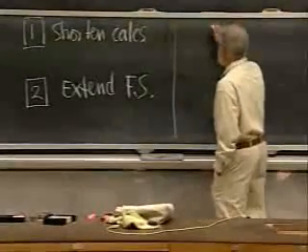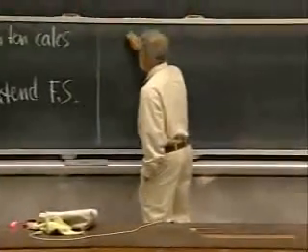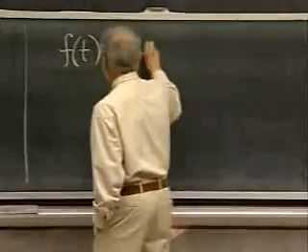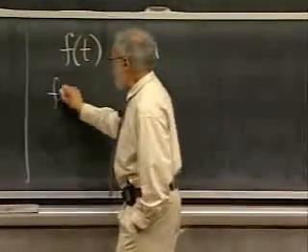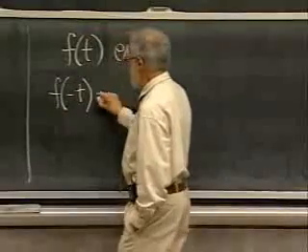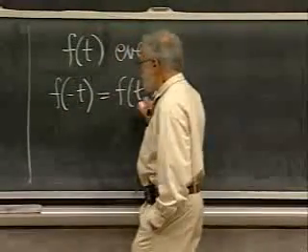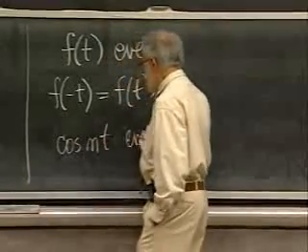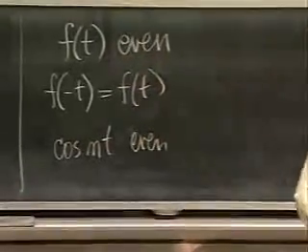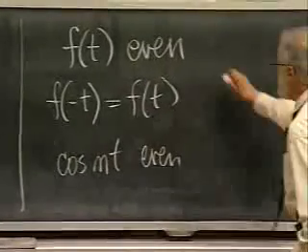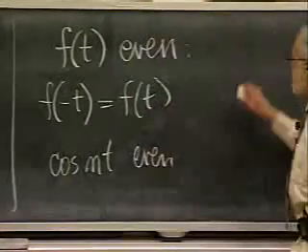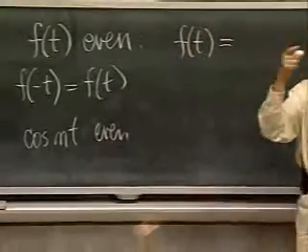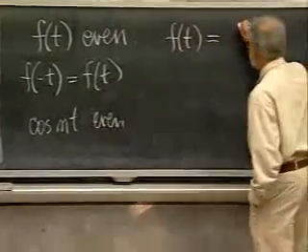And what I claim is this: if f of t is an even function, remember what that means, that f of negative t is equal to f of t, a good example, of course, is cosine nt. All these functions are even functions. If f of t is even, then its Fourier series contains only the cosine terms.